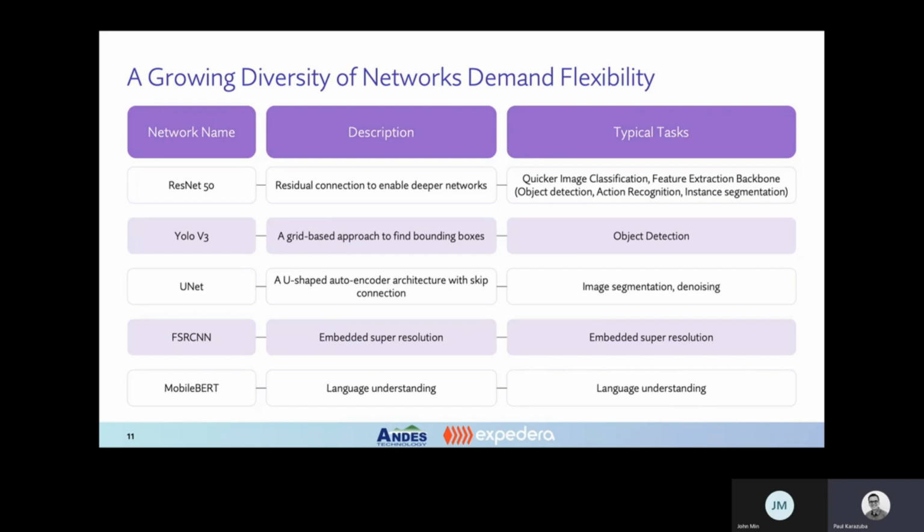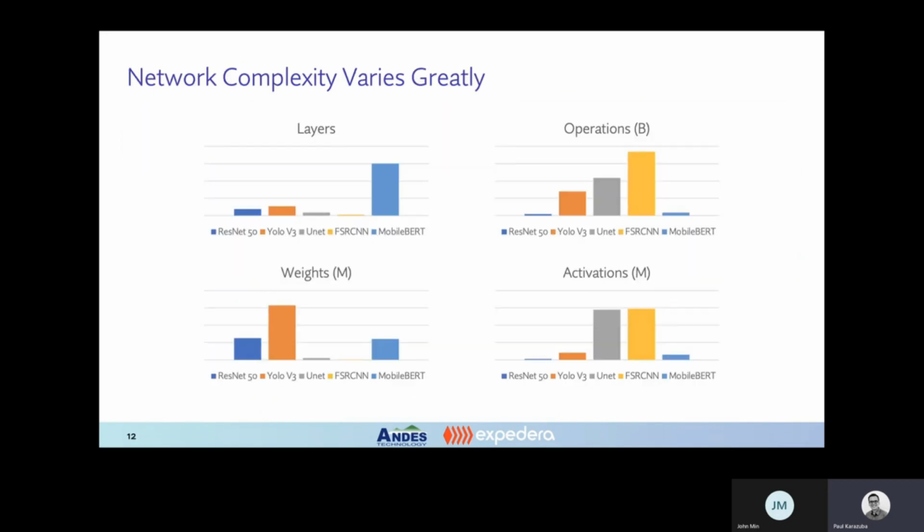Something like MobileBERT is a language understanding network, whereas ResNet 50 is basically a connection that allows deeper networks to be enabled for things like quicker image classification, object detection, etc. And each one of these has a completely different level of complexity.